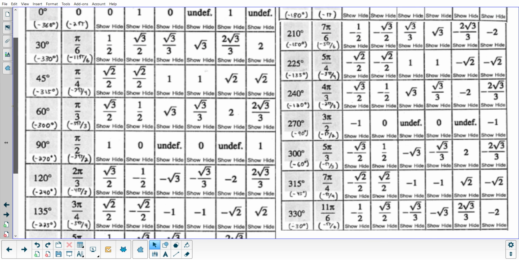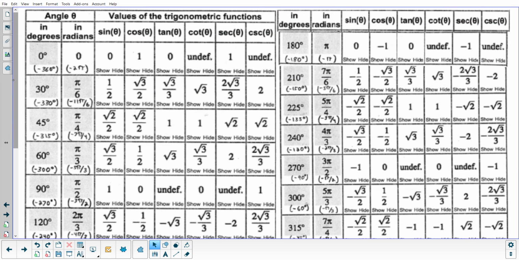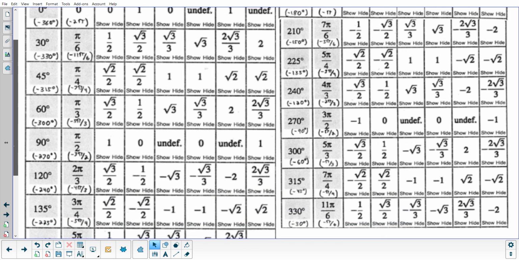Okay, I don't see it on the left, so let's look over on the right side. I think where I've scrolled, you can see the answer. Anyone see the answer yet? 240. All right, so I agree that 240 and negative 120 are options.